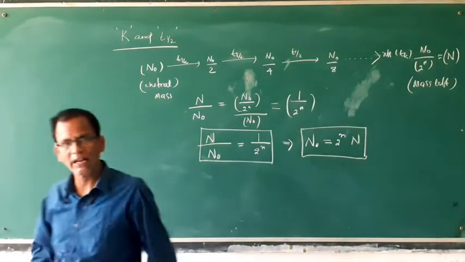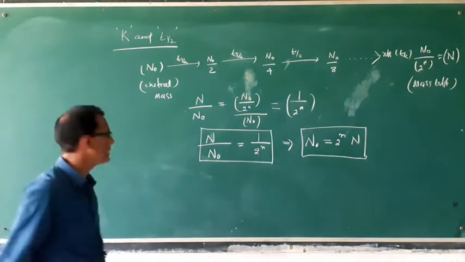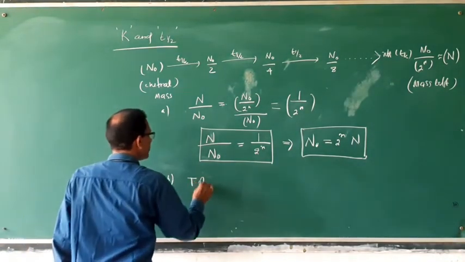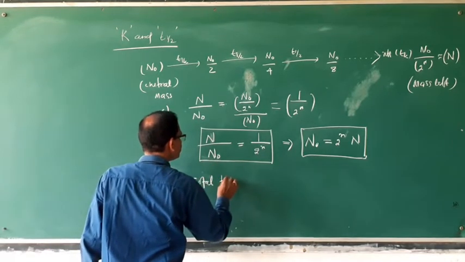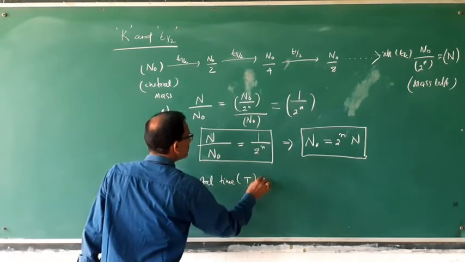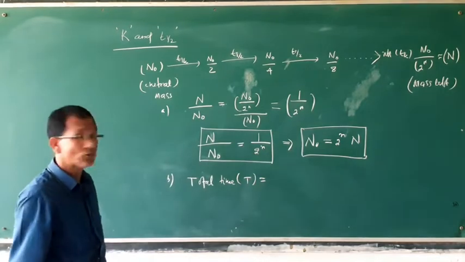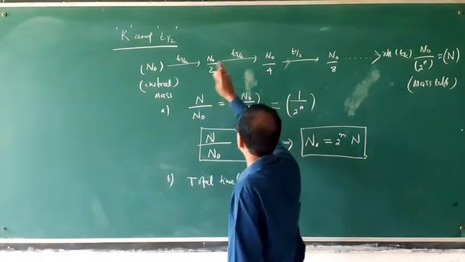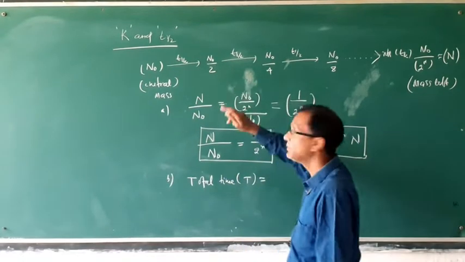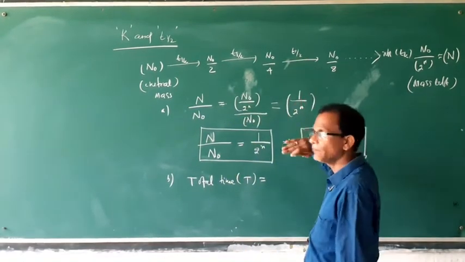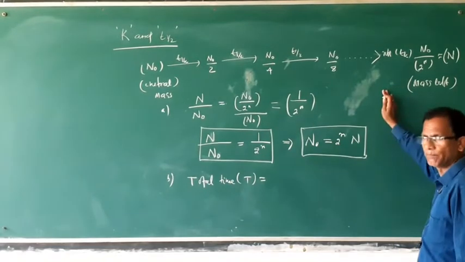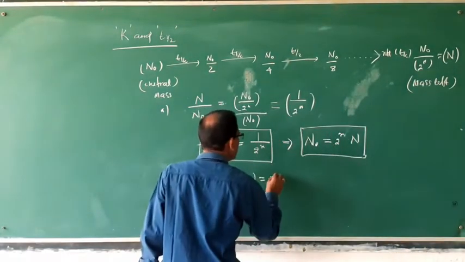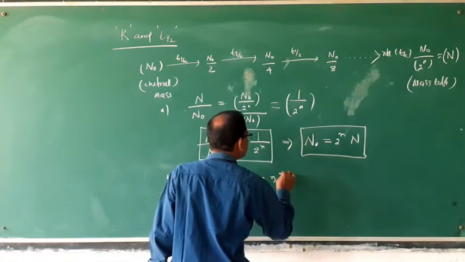Then another formula regarding total time. Let it be capital T. Total time consumed for the first half is 1 T half, second is 2 T half, third is 3 T half, and for the nth half it will be n into T half. So total time is equal to n into T half.